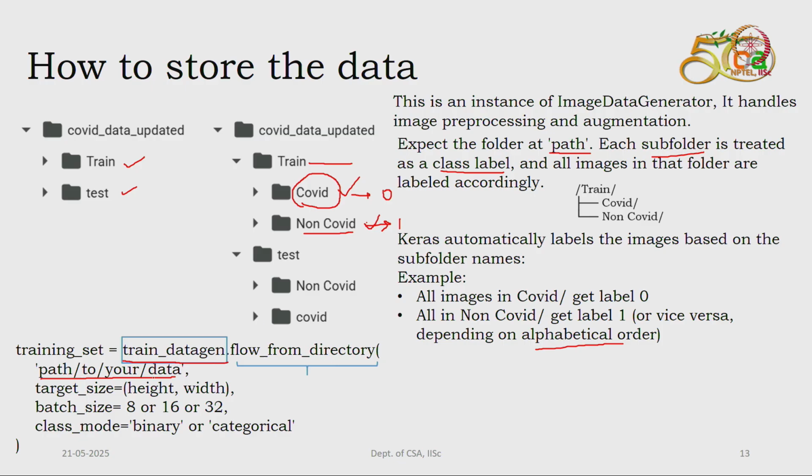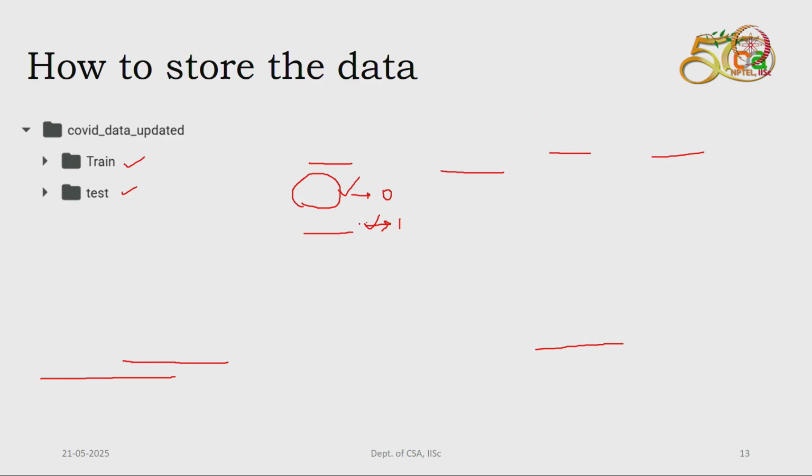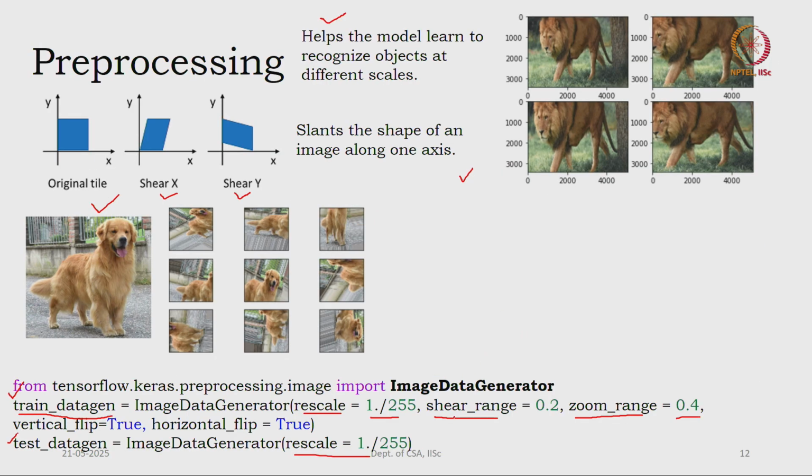When there is a path name, you have to compulsorily specify it, and whatever path name you specify, by default the images will undergo the pre-processing. What is the pre-processing? Every image stored in COVID and every image stored in non-COVID will go through all these operations.